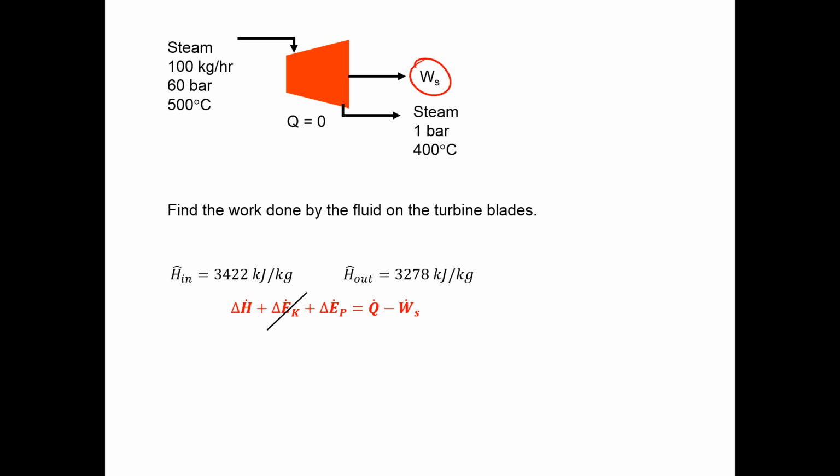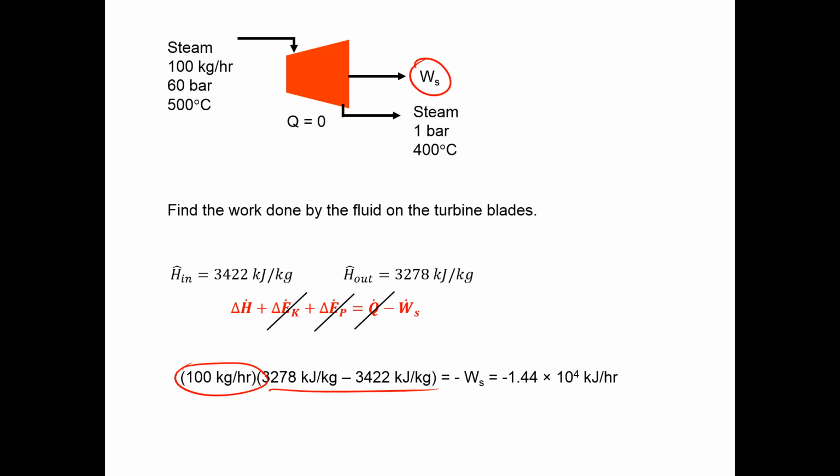We have no change in kinetic or potential energy or heat, so it's no heat transferred. The calculation is just going to be the mass flow rate times the change in enthalpy. That gives us the shaft work that was done by the fluid, and that means it's going to be about 4 kilowatts of power generation.